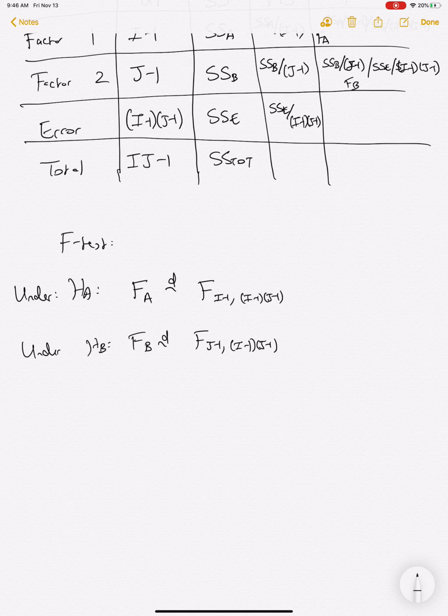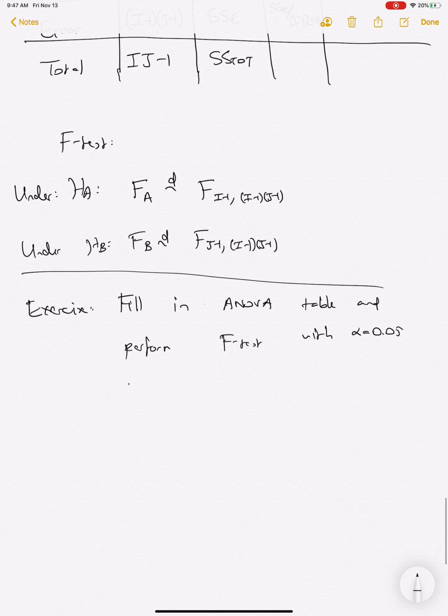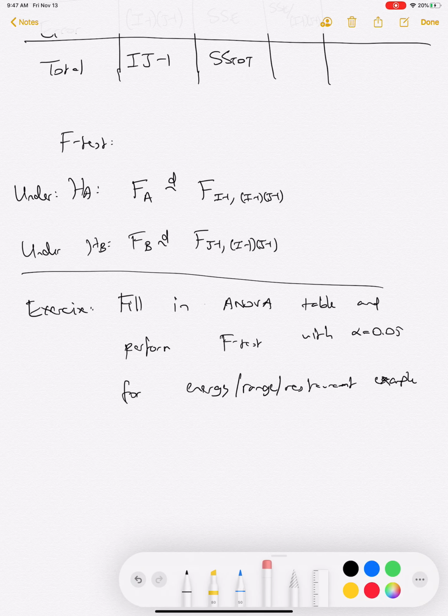So just to leave this as an exercise, fill in an ANOVA table and perform an F test with alpha equals 0.05 for the energy slash range slash restaurant example that we saw earlier.